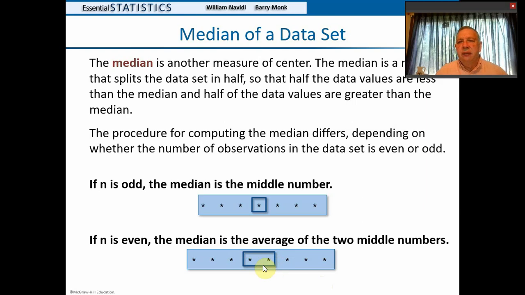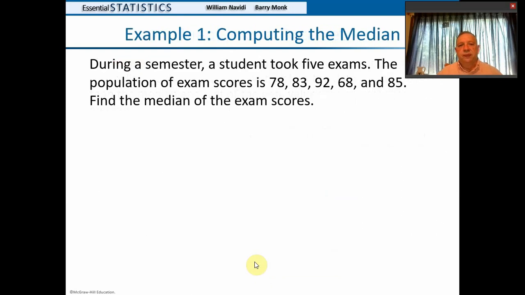So I'm going to go 1, 2, 3, 4, and the 5th one. So I've got 3 below, 3 above. Right here, I'm going to take the average of these 2 numbers, and the median is going to be that number that's in the middle of those. So I'm going to use this number to split those 2. Okay.